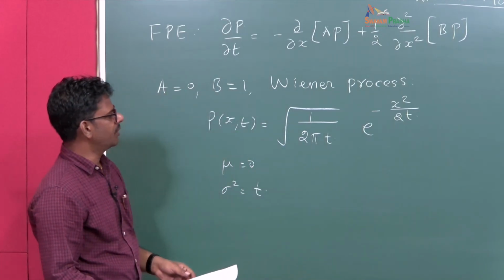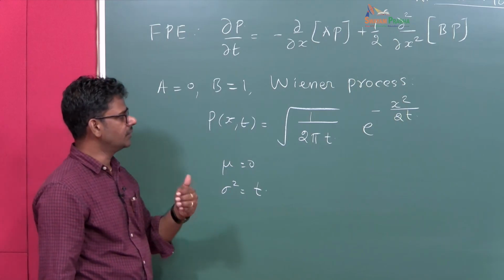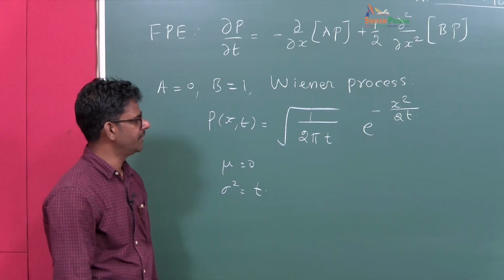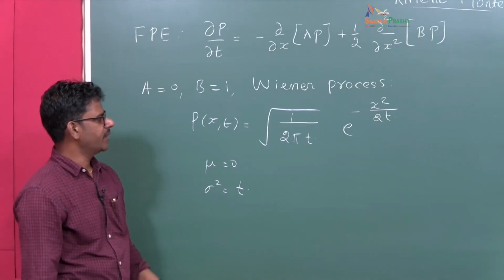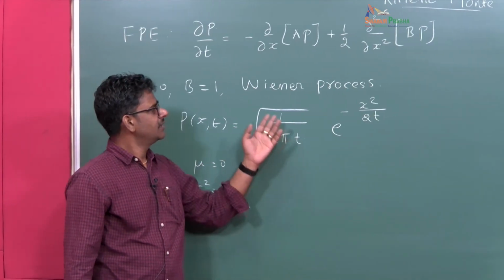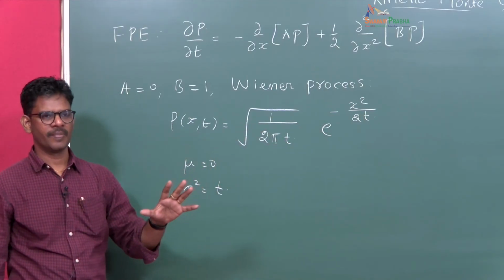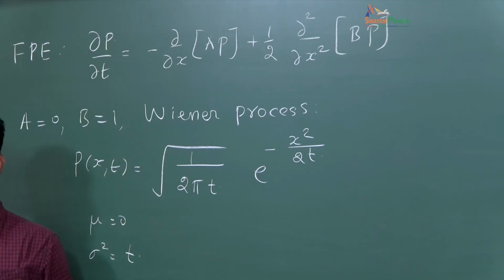Now we can also think about creating the trajectory, the sample path itself, by simulating this process. What I mean by sample path here is, if I have a free Brownian particle, its position follows this kind of distribution.